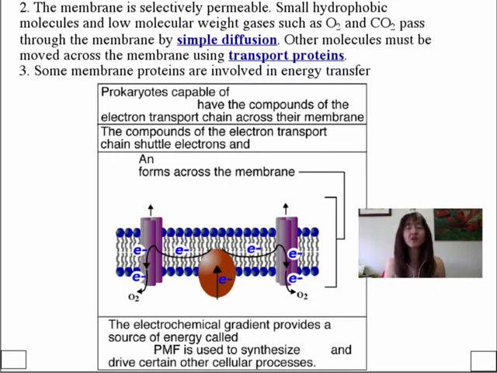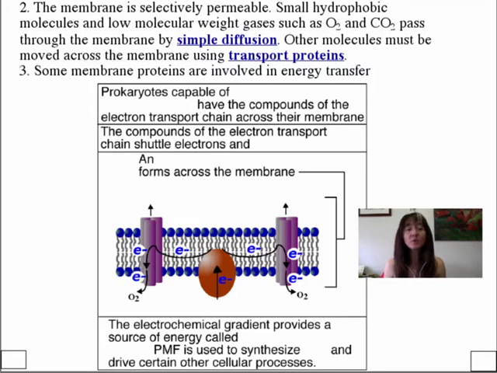One of the functions of certain integral membrane proteins is energy generation. In energy generation systems, we see these integral membrane proteins playing a very important role in transferring electrons and pumping protons. In prokaryotes, some of them are capable of something we call respiration, and some are capable of photosynthesis.